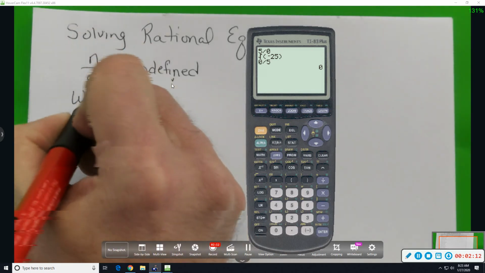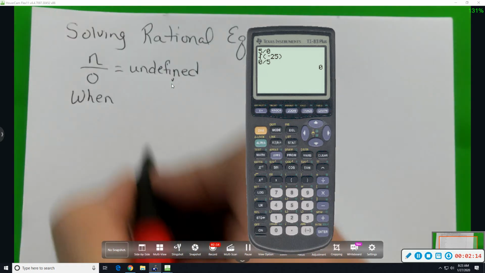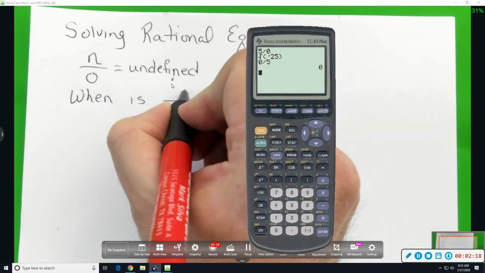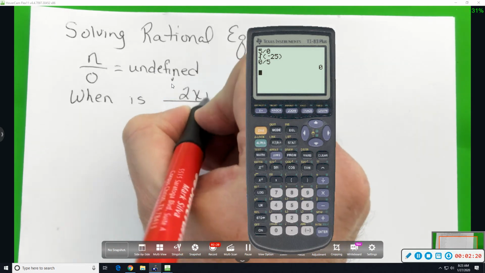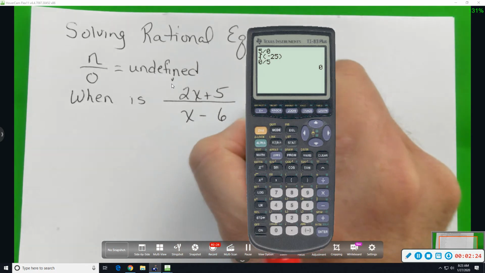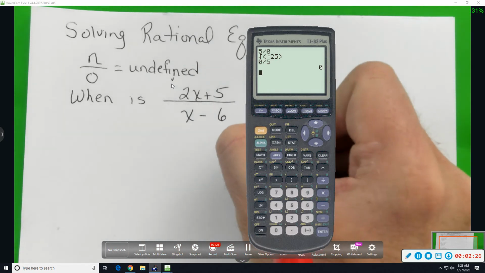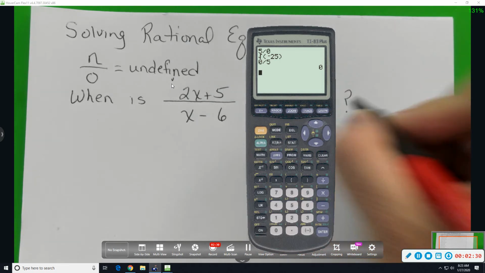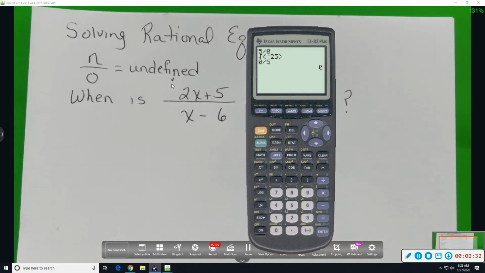Let me write down a rational expression. When is this fraction (2x + 5)/(x - 6) undefined? And by when is, I mean at what value of x?